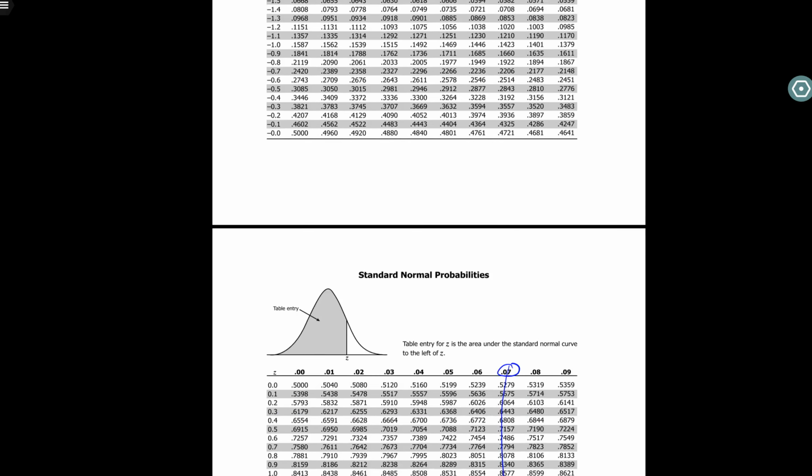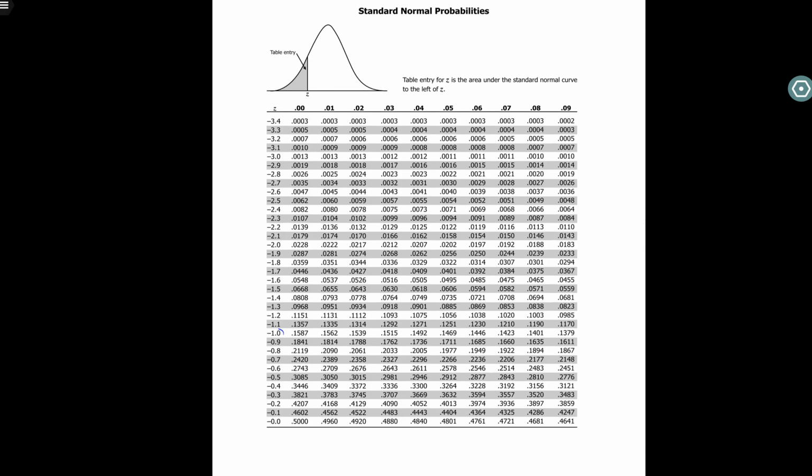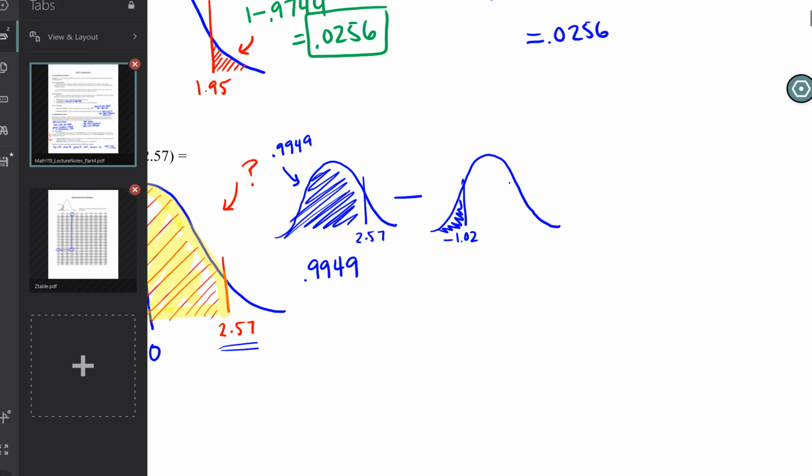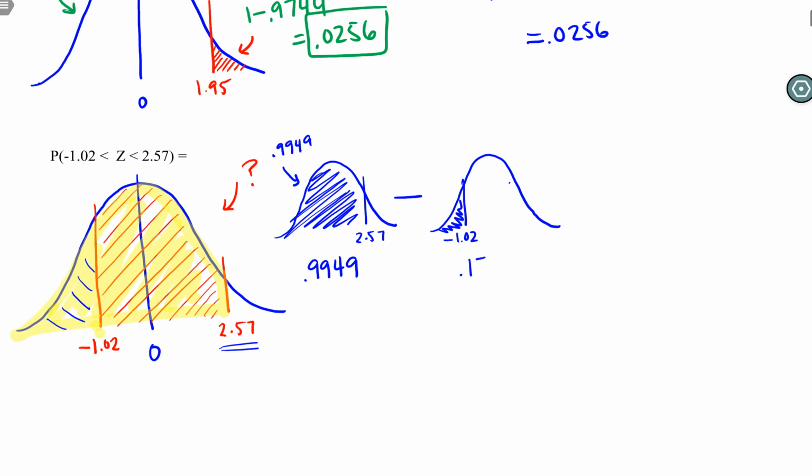So for negative 1.2, we get 0.1539. Which gives us that this probability is 0.8410.